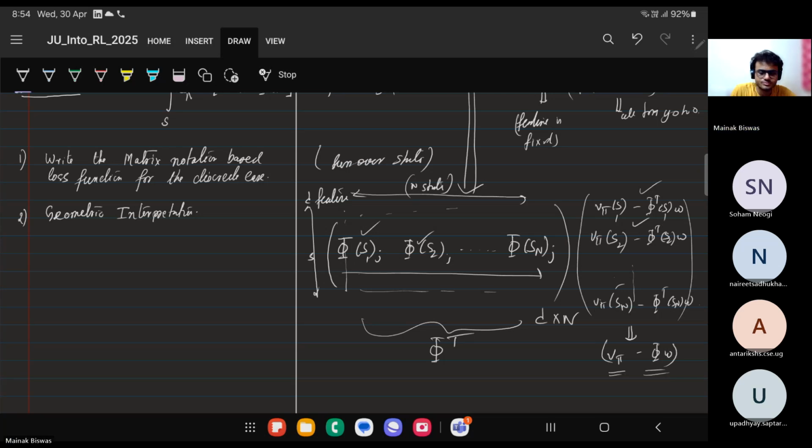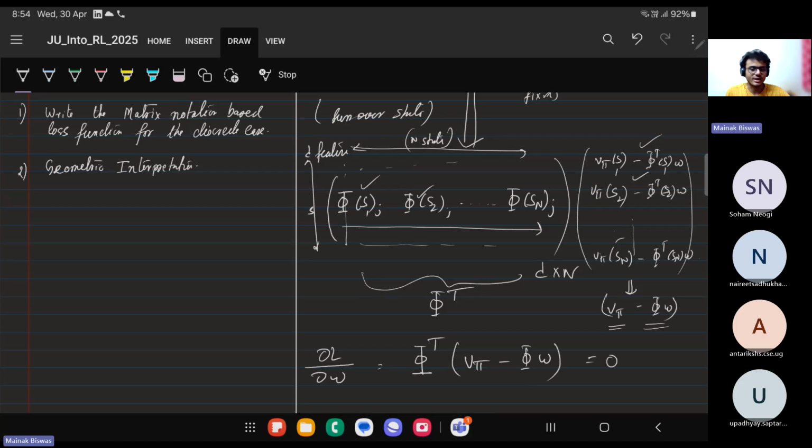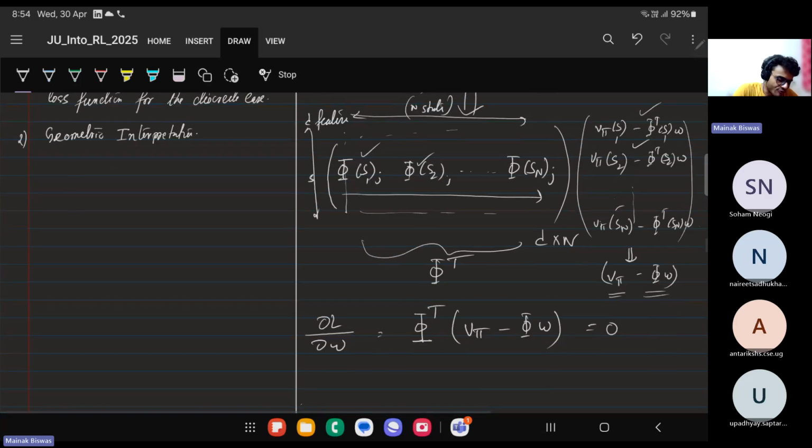Correct? So dL/dw becomes phi transpose times V pi minus phi w. In matrix form, you can write down all the equations in a compressed manner, and you can set it to the zero vector. So this is a formula.